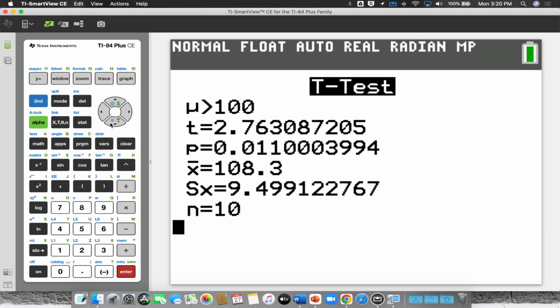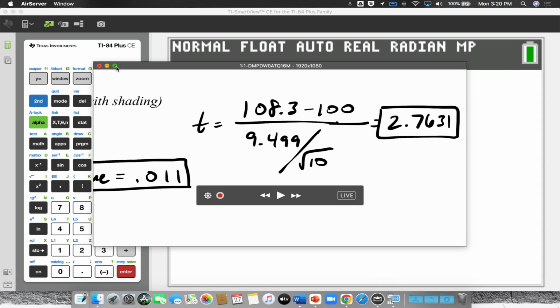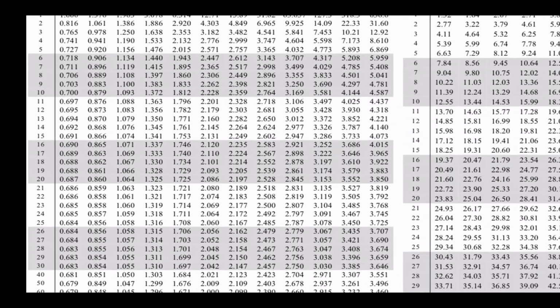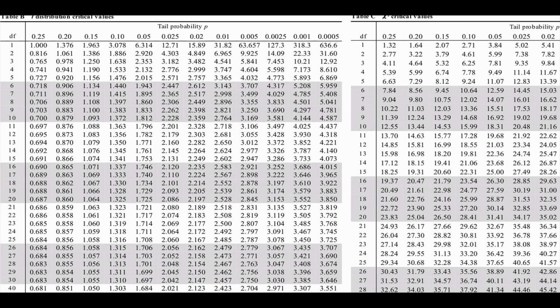So how do I do this if I had the table? First thing you have to do is calculate this guy right here, if you're going to use the table as opposed to the calculator. Then you're going to go to the table. We know we have 9 degrees of freedom because we had a sample size of 10. Those are all t-scores.